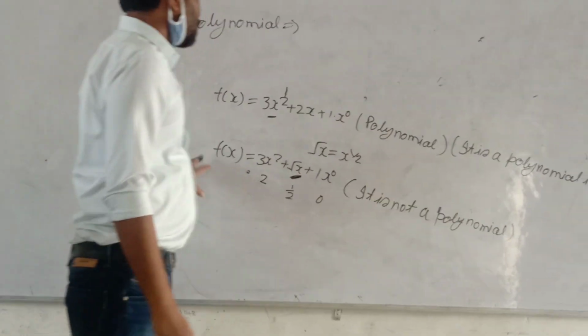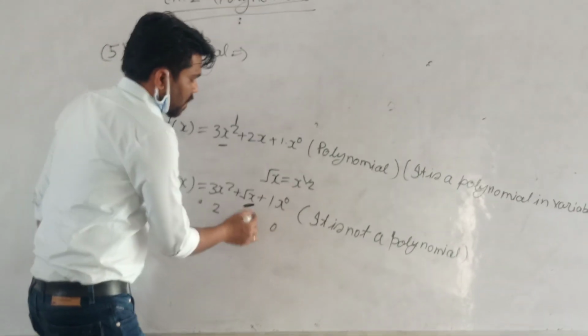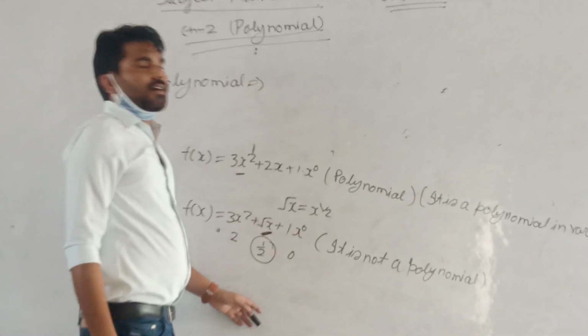It is not a polynomial because the variable involved having the power 1 by 2, which is not whole number or non-negative integers.